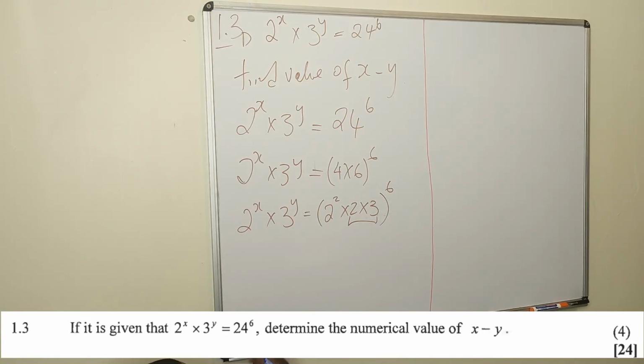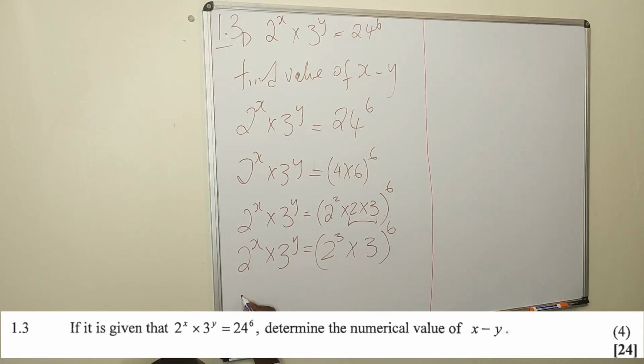So what do we have? We have 2 raised x times 3 raised y is equal to 2 raised 3 times 3, all to the power 6. Right. And then what do we do?